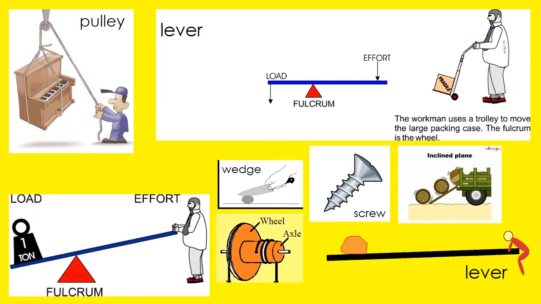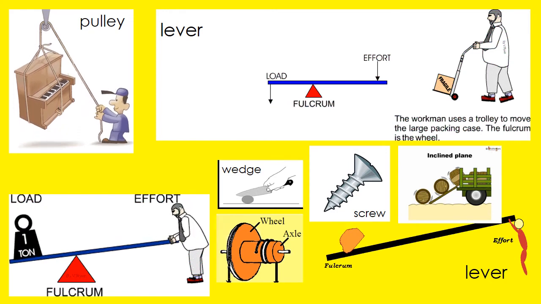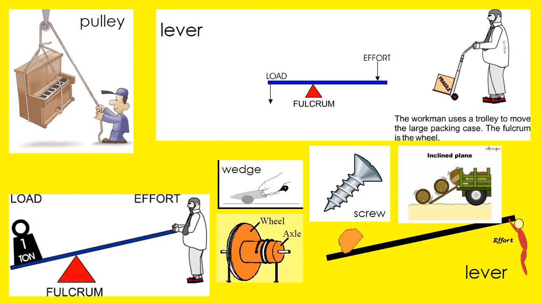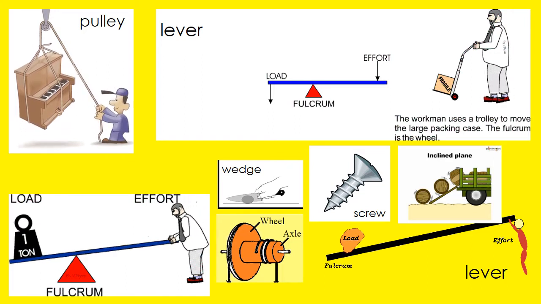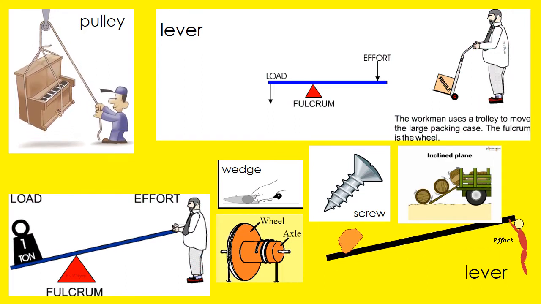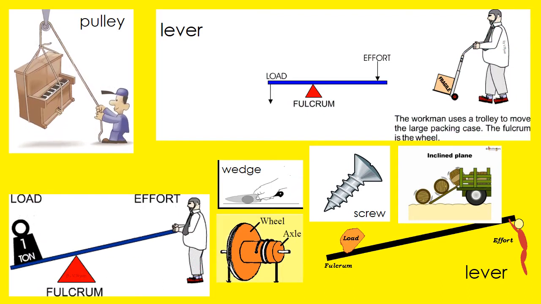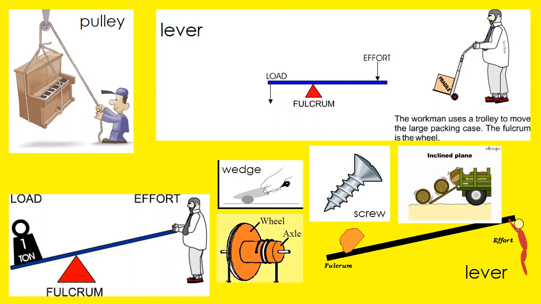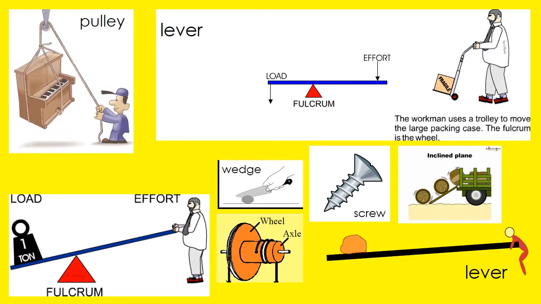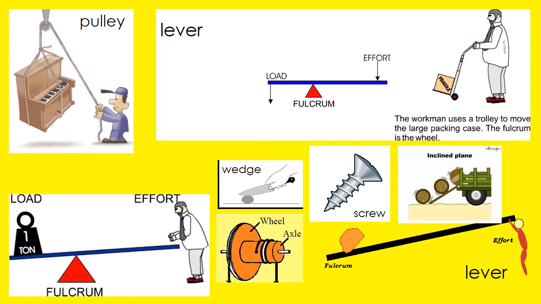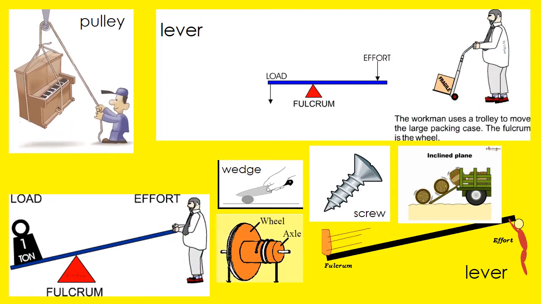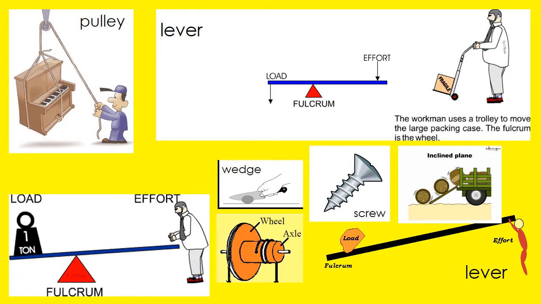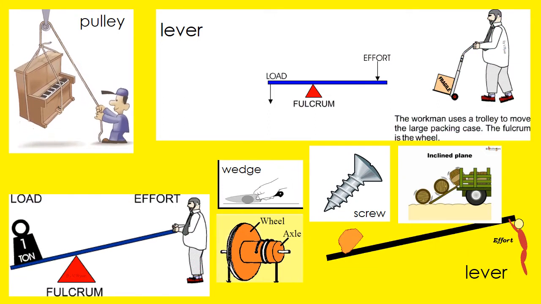What's this word again? Pulley. And what is this that the man is lifting? A piano. He's lifting a piano off the ground with the help of a pulley. It has cords around the piano, and he draws the cord.